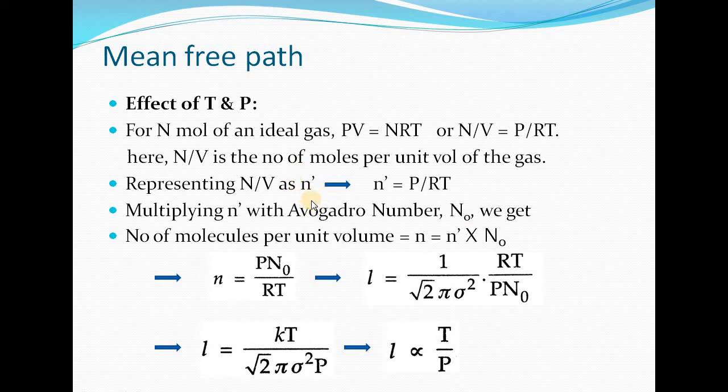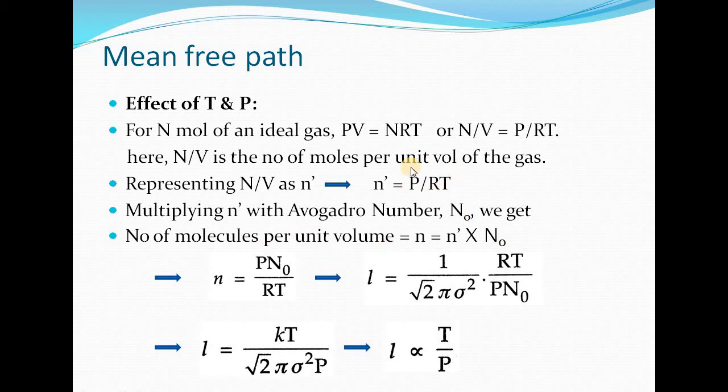Now to get the number of molecules per centimeter cube of the gas, we have to multiply this n dash by Avogadro number. So the number of molecules per unit volume will be equal to n dash into N naught, which is equal to n.